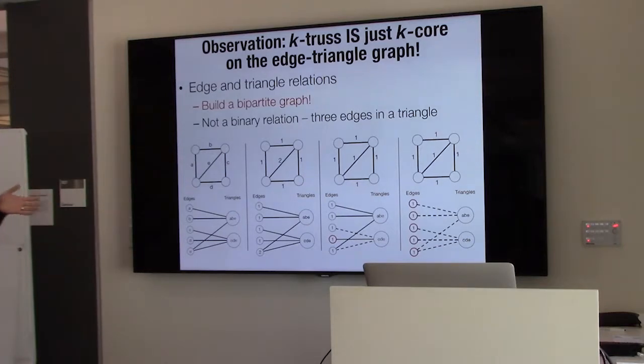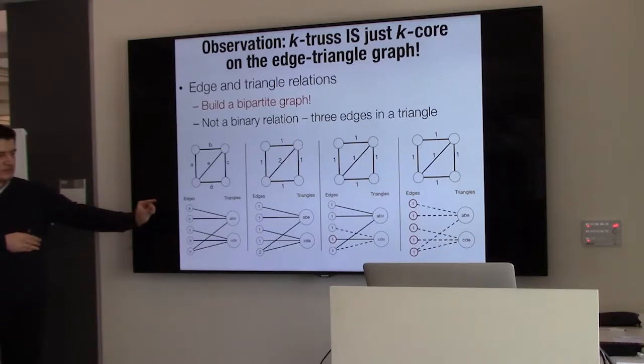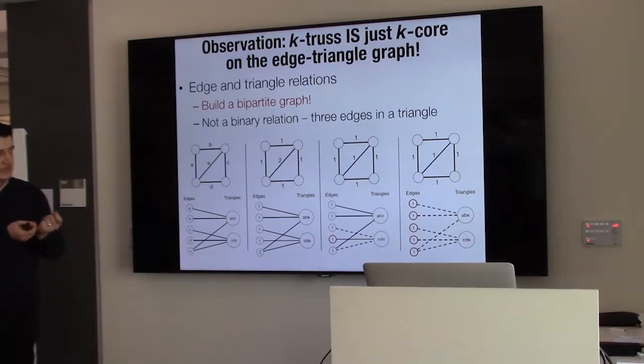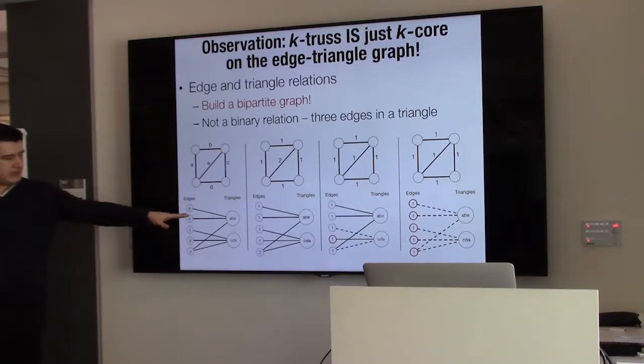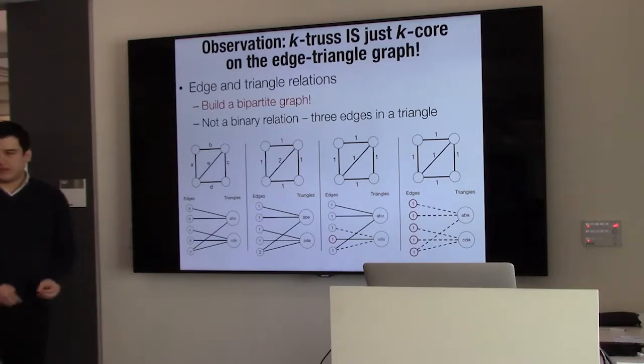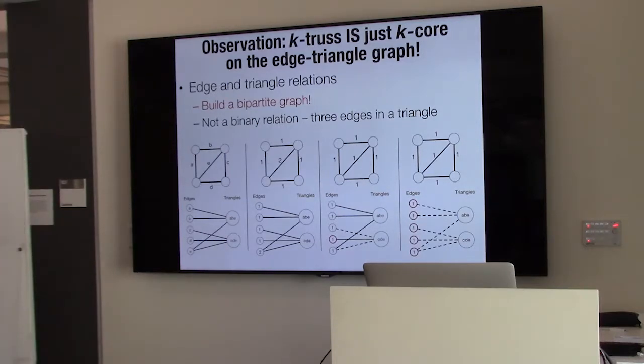You build a bipartite graph, and those are not binary relationships, so you need to tweak the neighborhood definitions. But at the end, again, you start from the minimum degree, adjust the neighbors at each step, and the rest of the algorithm is the same. That was my main observation.